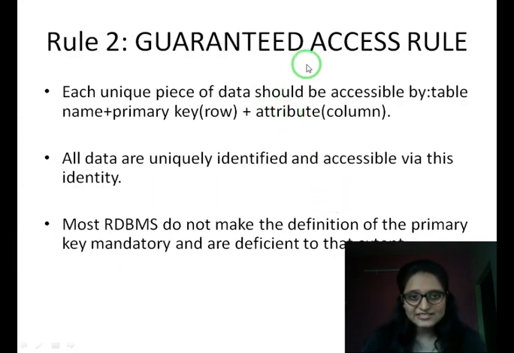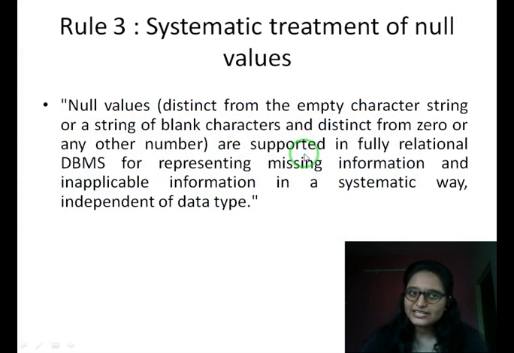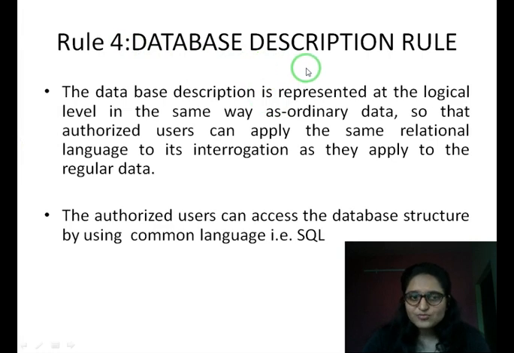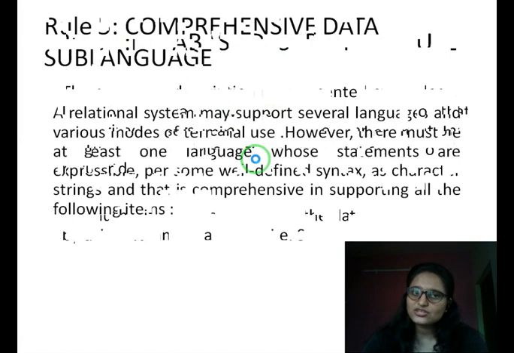The guaranteed access rule says how you can access the data from the database. Systematic treatment of null values is associated with the null value rule. Okay, the database description rule says authorized user and non-authorized user.